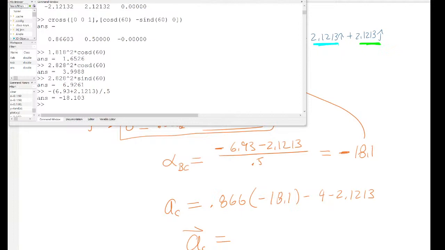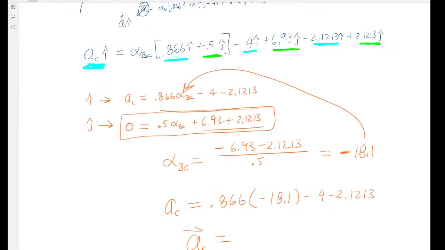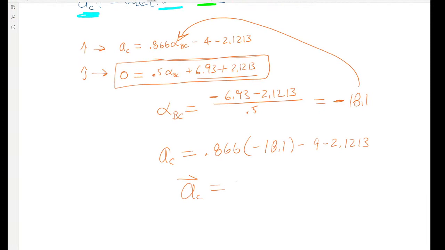All right. 0.866 times 18.1 plus 4 plus 2.1213. Now, I purposely dropped the minus sign, but they're all positive there, so it's going to be minus 21.8, it looks like.